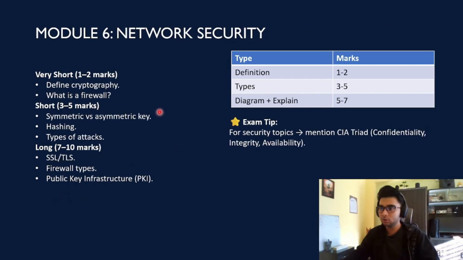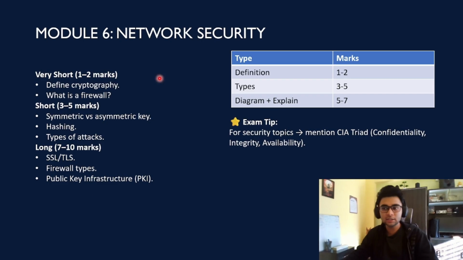This module is the most ignored module of all, which is computer network security. Here, sometimes a numerical could come around the RSA algorithm. Generally it doesn't come, but still you should know how to solve the RSA algorithm. Then we have the definition of cryptology, firewall, the difference between symmetric and asymmetric key, and also you should know what the public key infrastructure is.